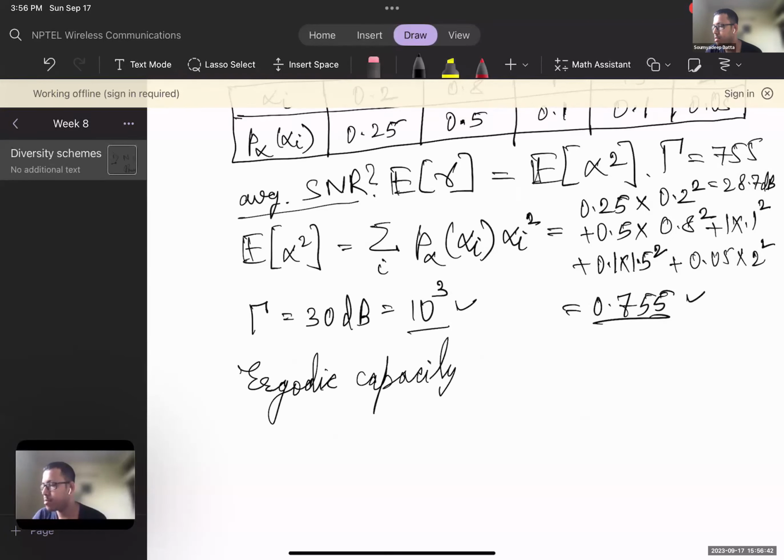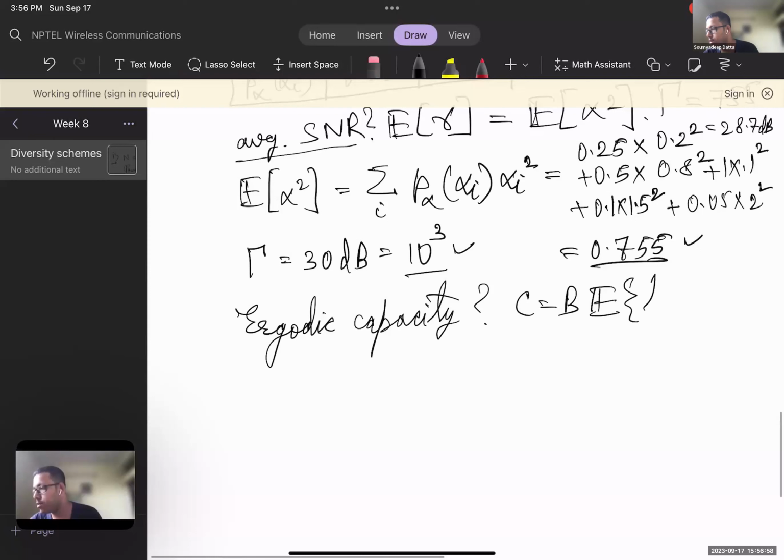So C is equal to nothing but your bandwidth, whatever your channel bandwidth is, times the expectation of this quantity, right? Log of 1 plus gamma, where gamma is your SNR.